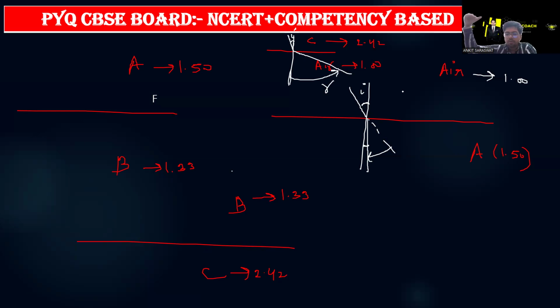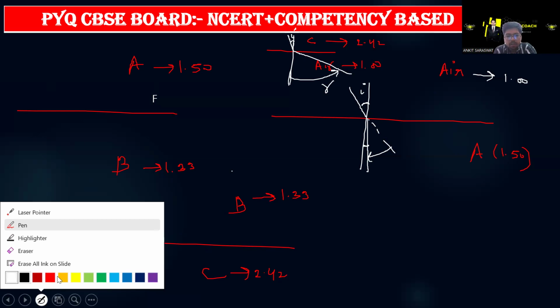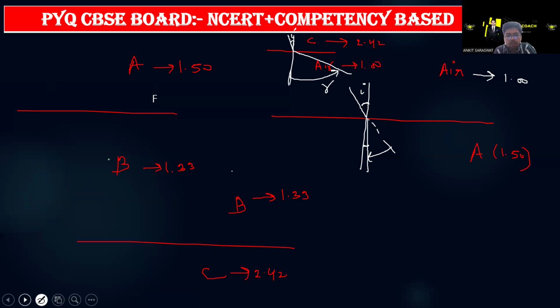It will bend more. But if it is going from B to C, A to B, check this option. This is very critical. When it is going from B to C, there is a large change in the refractive index: here 1.33, here 2.42, and the difference 2.42 minus 1.33 is large. But here 1.50 minus 1.33 is less.